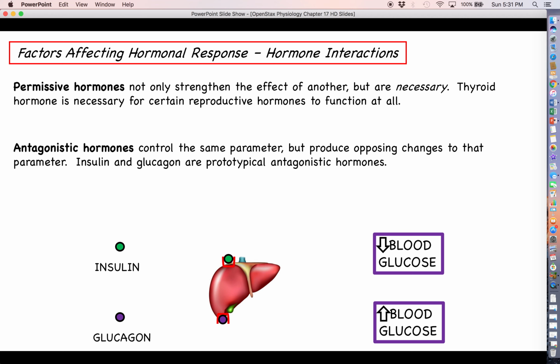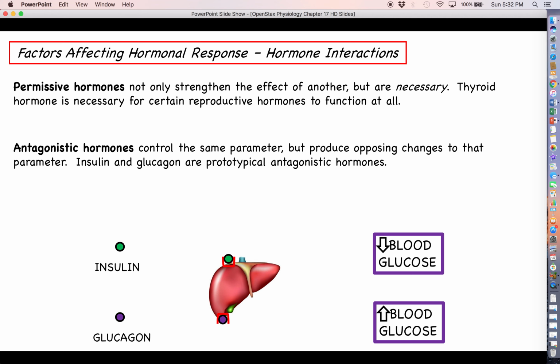So the typical thing that you see with antagonistic hormones is, number one, they have control over the exact same parameter. So in the case of insulin and glucagon, that's blood glucose. Number two, whatever changes they produce, they are going to be opposite for one another. Insulin lowers your blood glucose, glucagon raises it.